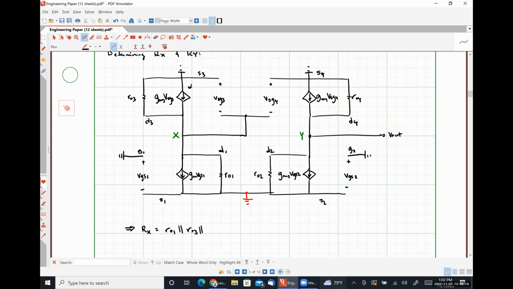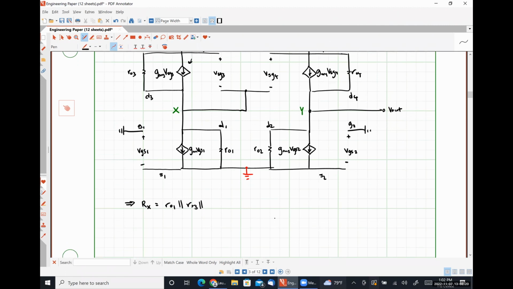So this current source effectively behaves as a resistance, 1 over GM3, which will look approximately like 1 over GM3, since R01 and R03 should be orders of magnitude larger than 1 over GM3.